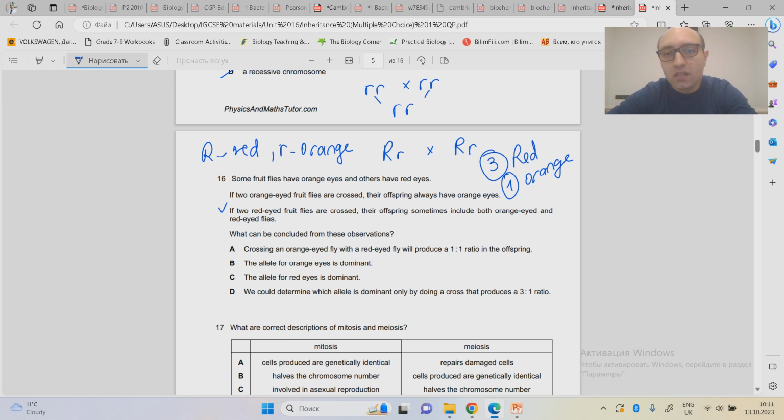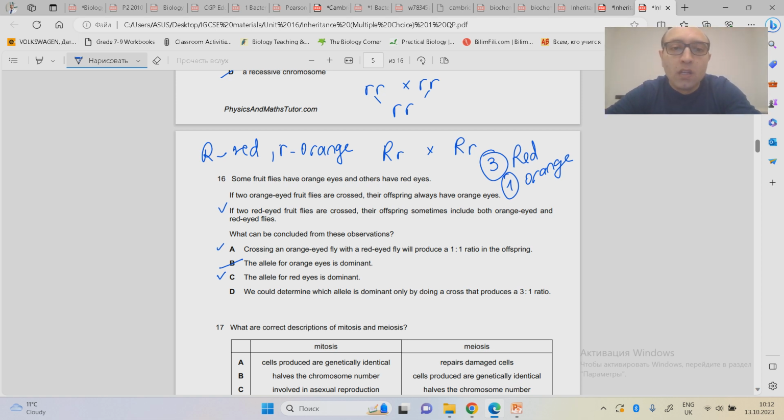Crossing an orange-eyed fly with a red-eyed fly. So actually, it is partially correct. There's no problem because, as I said, red-eyed in here is heterozygous. The allele for orange eye is dominant, false, of course. The red-eye dominant is correct. I think there's a problem in this question. So this looks like correct.